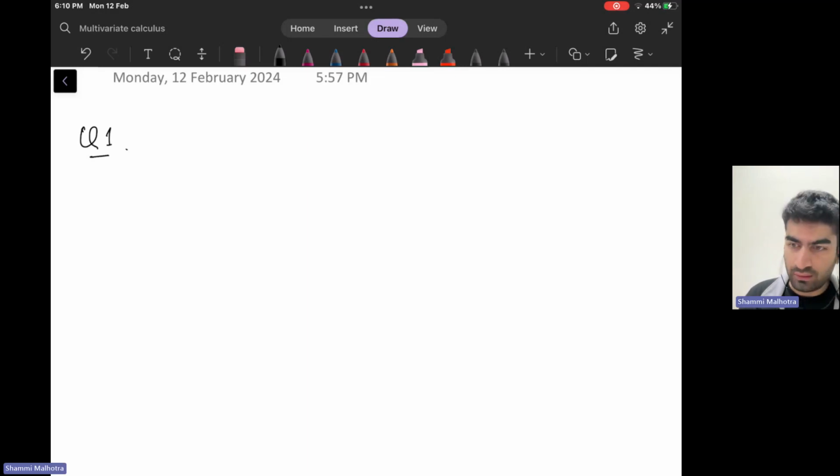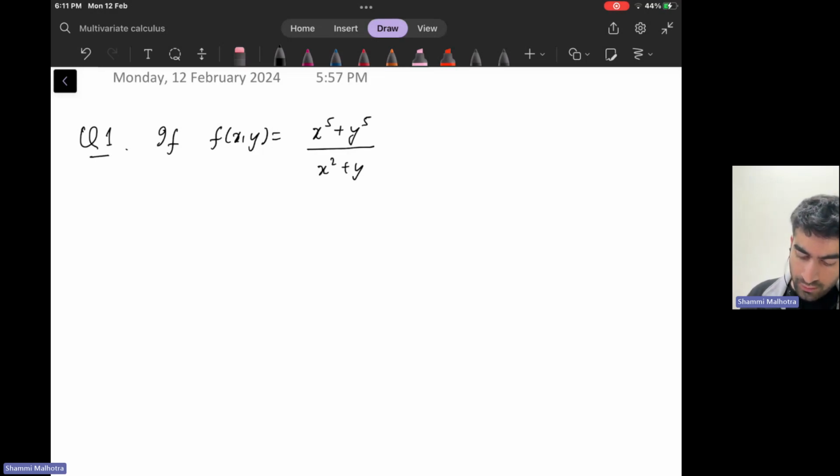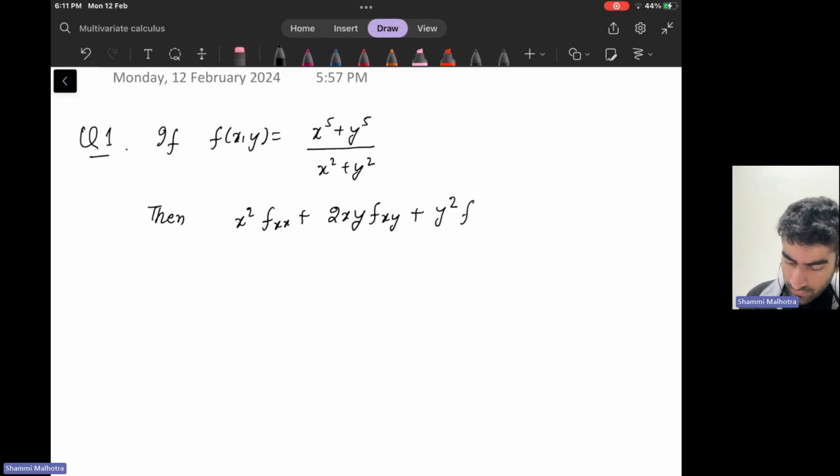If my function is f equals x raised to power 5 plus y raised to power 5, whole divided by x square plus y square, then x square fxx plus 2xy fxy plus y square fyy equals?